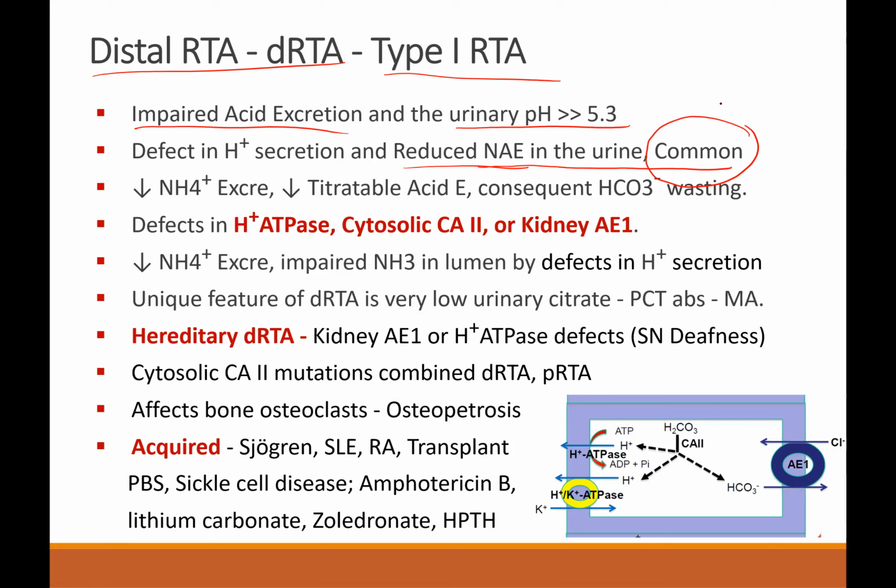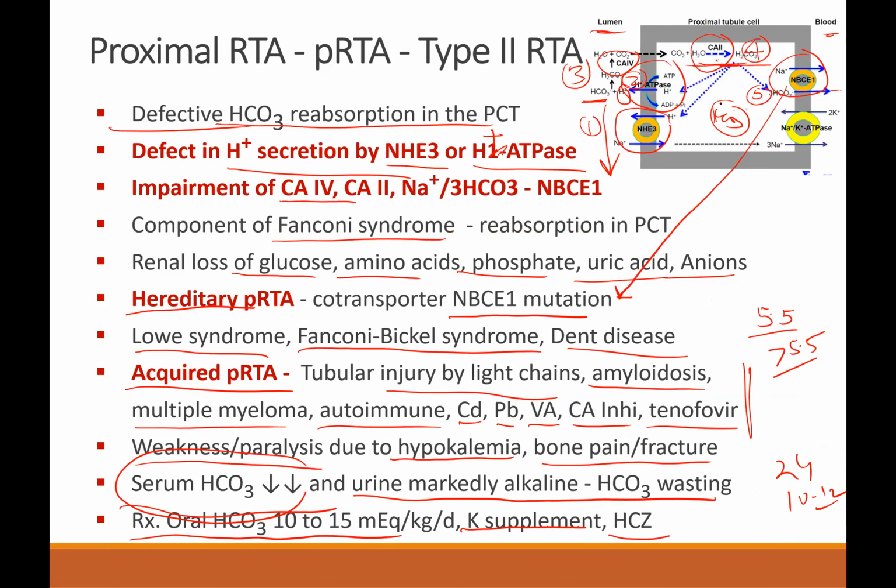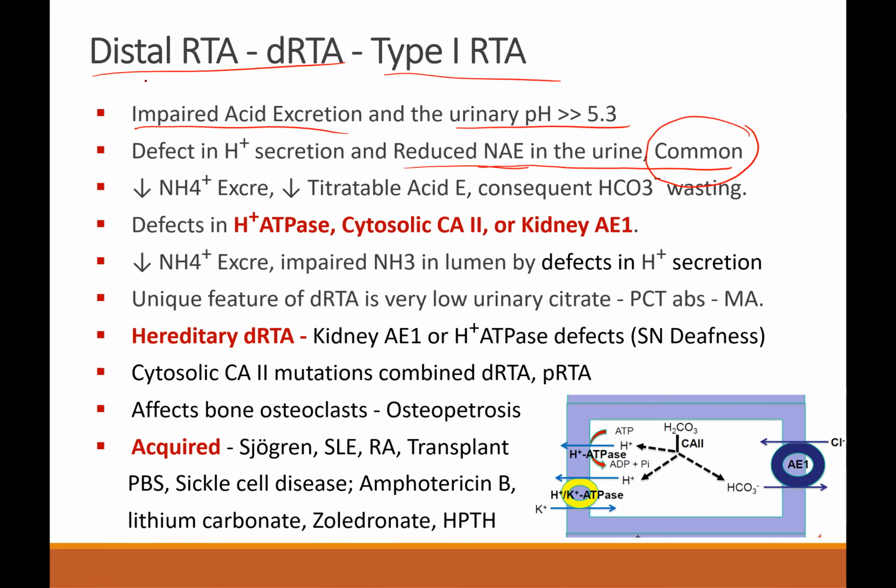Among all the forms, DRTA is the commonest. Previously, it was bicarbonate resorption that was at fault. Look here, that is at fault. Whereas here, it is the acid excretion that is at fault. Defect in the H+ secretion results in reduced net acid excretion, the commonest form.